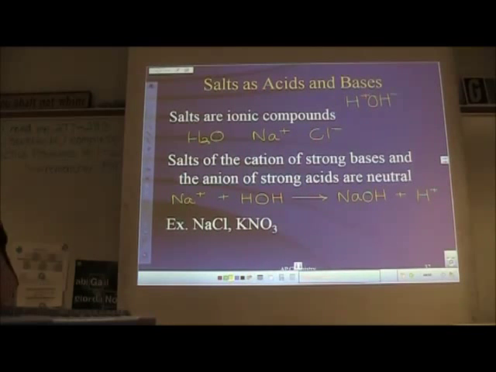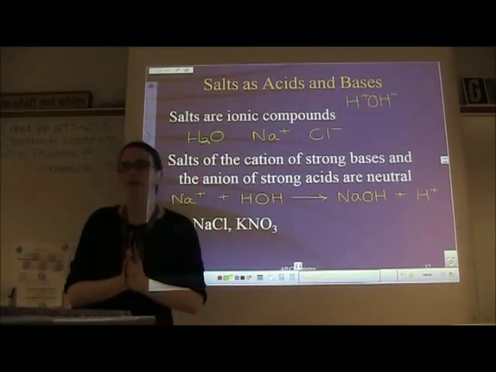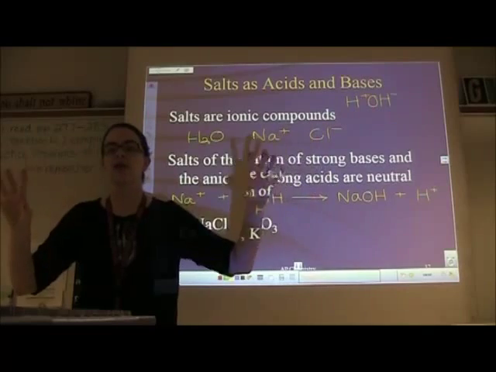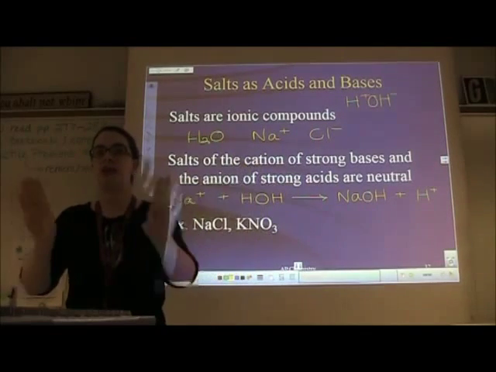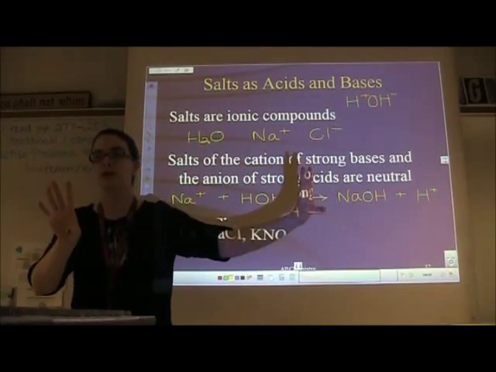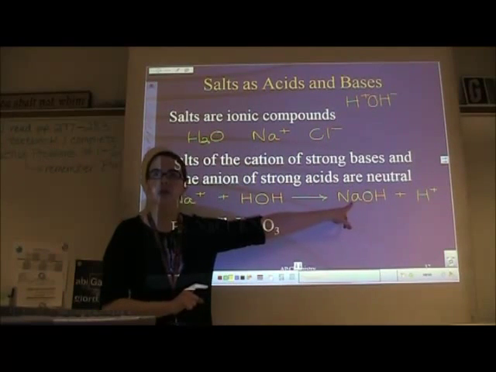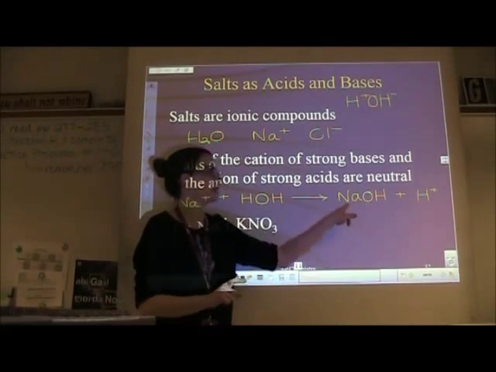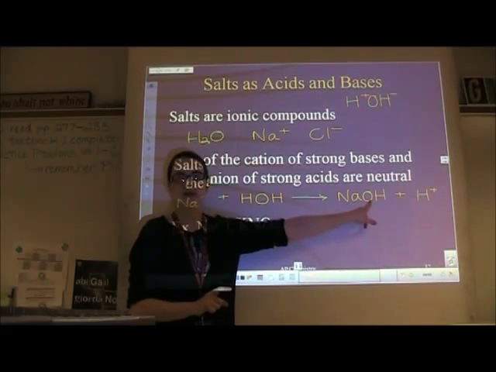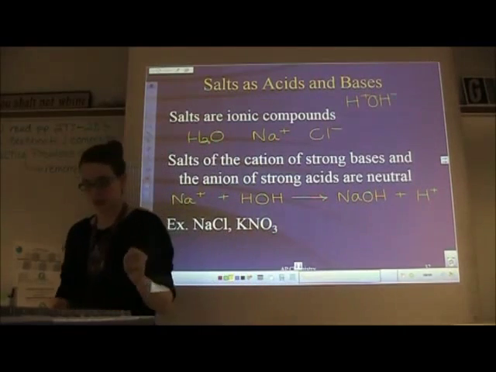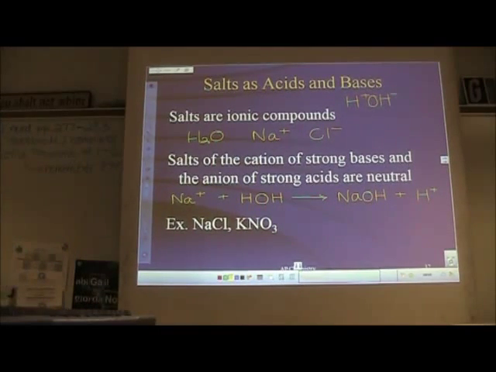Okay. Let me say that another way. If you say that something completely dissociates, does that mean that this is a compound that likes to be together or likes to be apart? Apart. Look what we're doing. We're putting it together. Does it like to do that? No. NaOH, ladies and gentlemen, does not form.